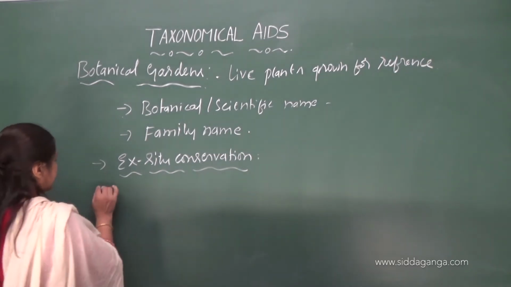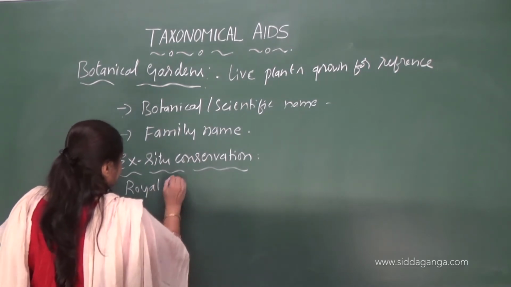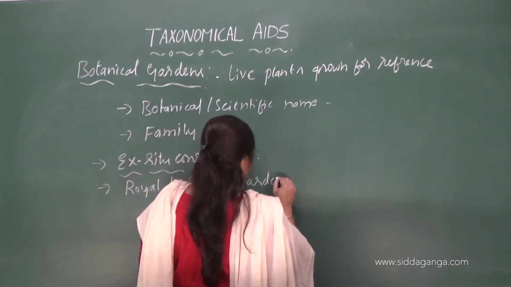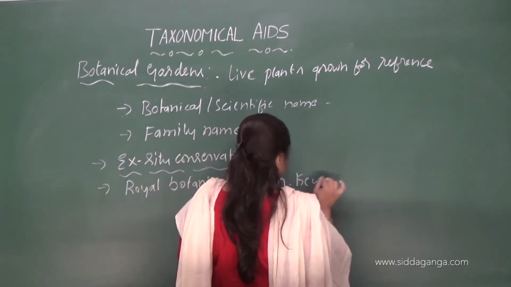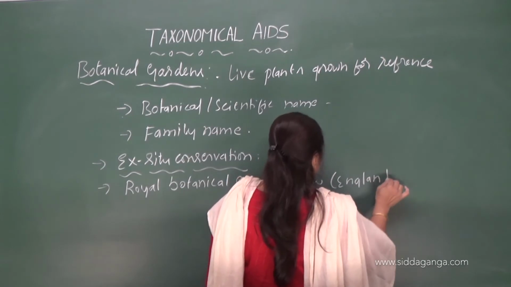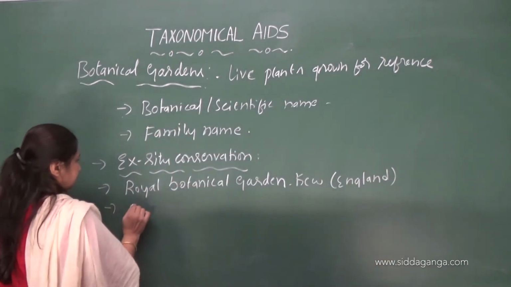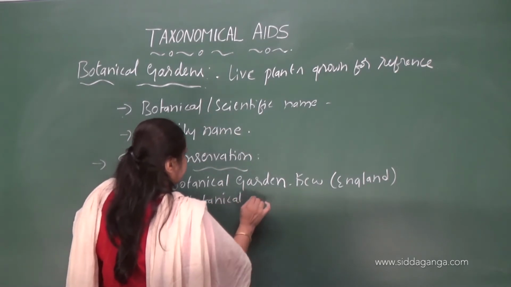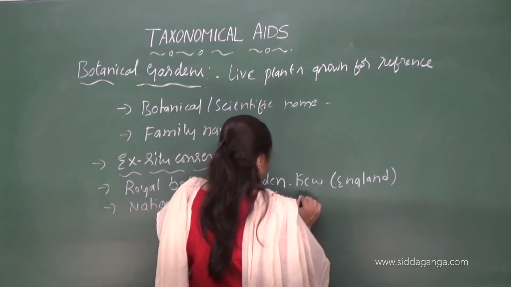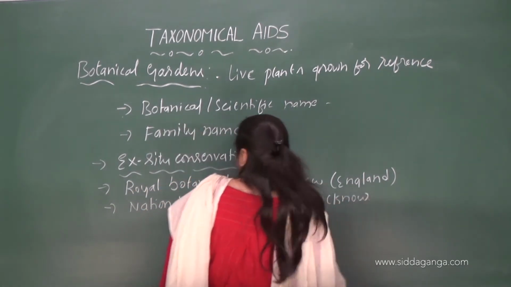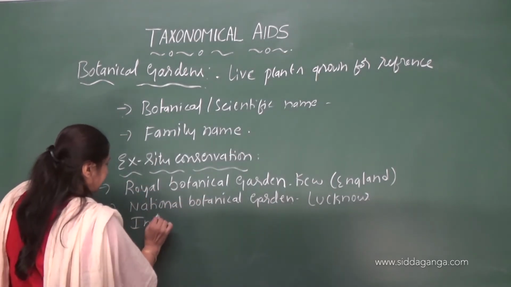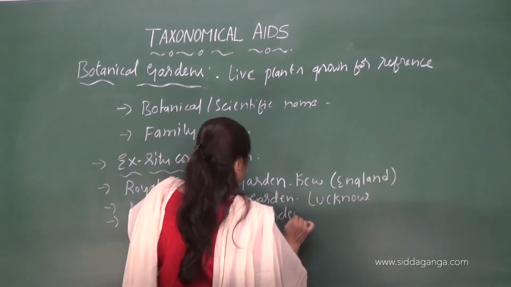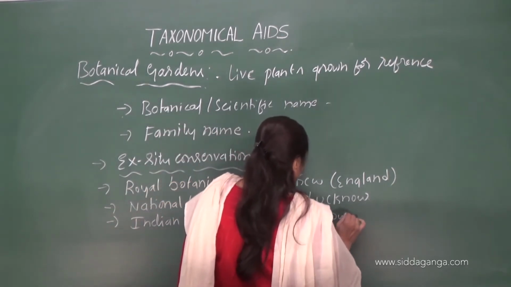The famous botanical gardens include the Royal Botanical Garden located at Kew in England, and one more is the National Botanical Garden located at Lucknow, and similarly one more is the Indian Botanical Garden located in Howrah.